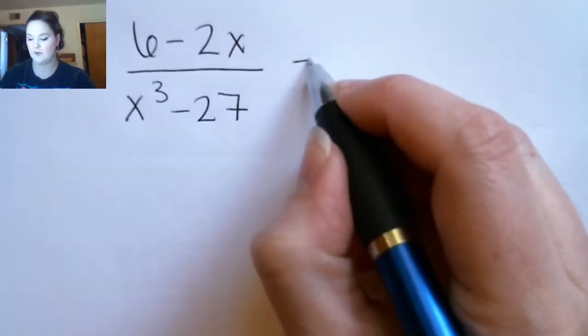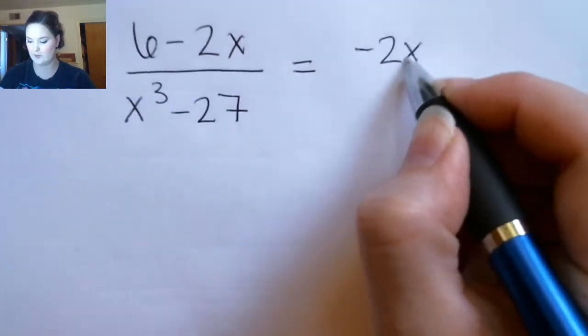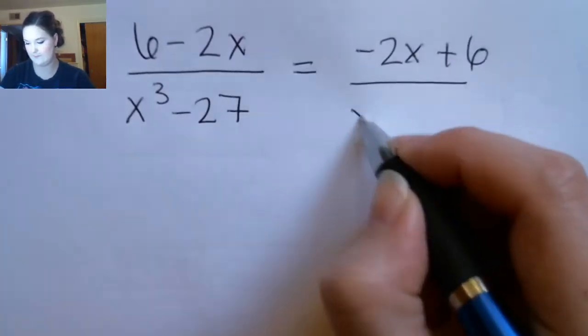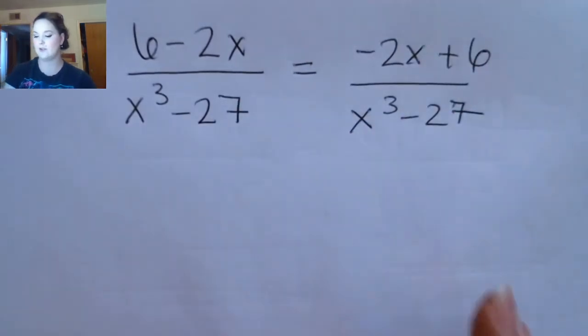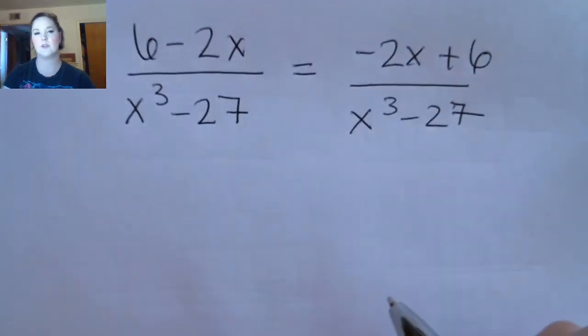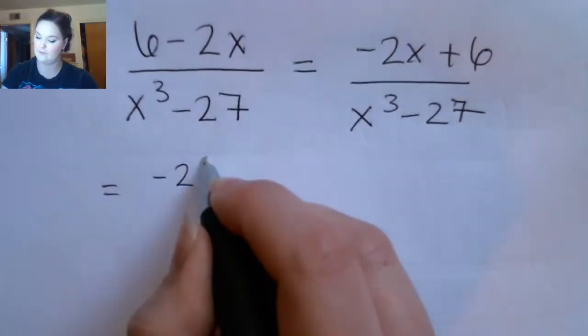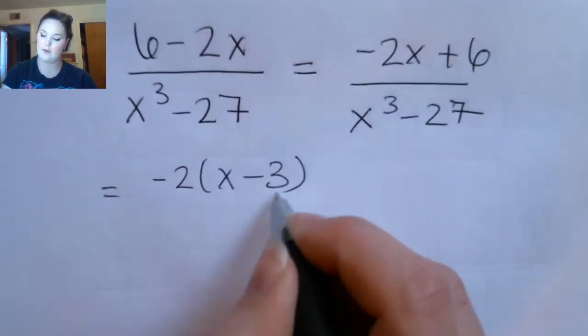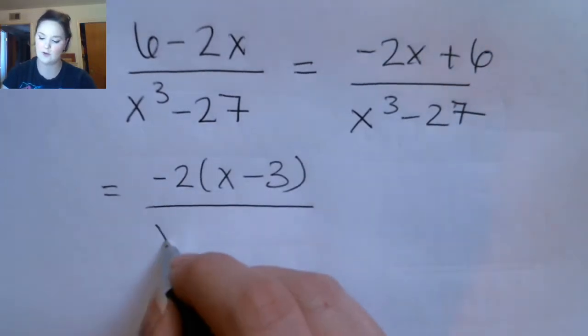So we're going to factor the numerator. First I'm just going to reorder the terms, like this. And now you can see why I should factor out negative 2 instead of just 2. So I'm going to do that. And I'm going to factor the denominator. Now see, this is the difference of cubes.